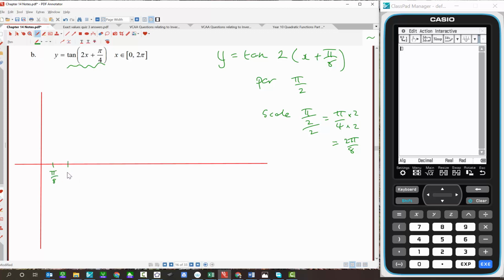So this is going to be pi on 8. This is going to be 2 pi on 8, which is pi on 4. 3 pi on 8. 4 pi on 8, which is pi on 2. 5 pi on 8. 6 pi on 8, which is 3 pi on 4. 7 pi on 8. 8 pi on 8, which is pi. 9 pi on 8. 10 pi on 8, which is 5 pi on 4. 11 pi on 8. 12 pi on 8, which is 3 pi on 2. 13 pi on 8. 14 pi on 8, which is 7 pi on 4.